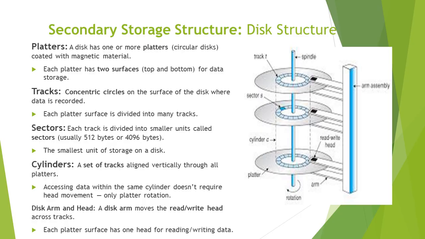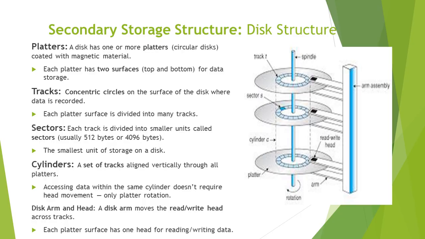When we talk about the disk, it contains one or more platters coated with magnetic materials, and each platter has two surfaces, the top as well as the bottom, for data storage. Each platter has many tracks, which are concentric circles on the surface where data is recorded.